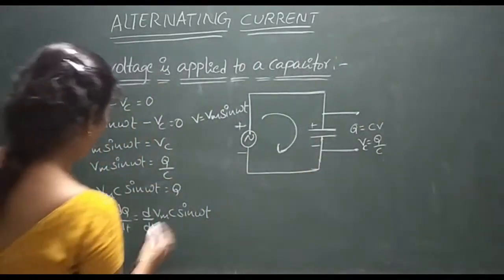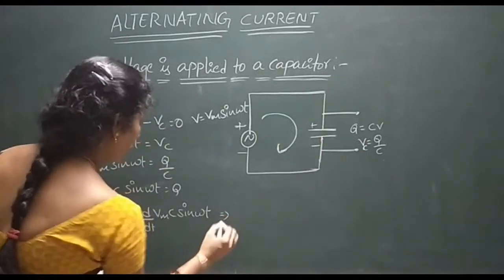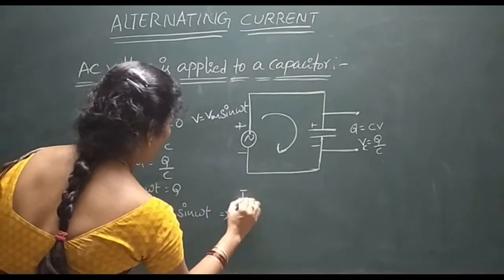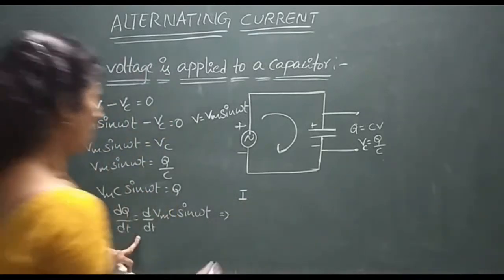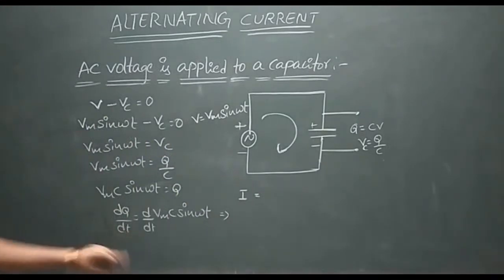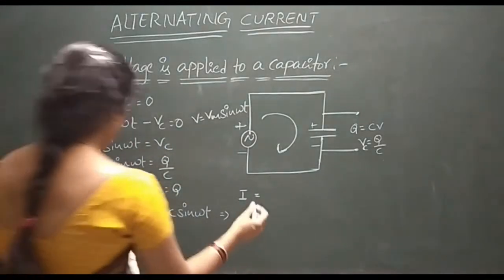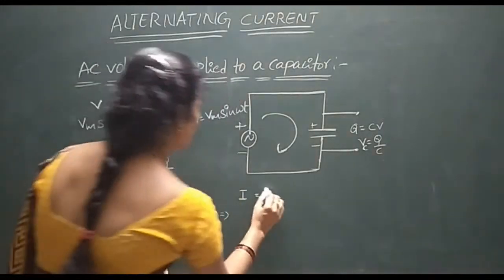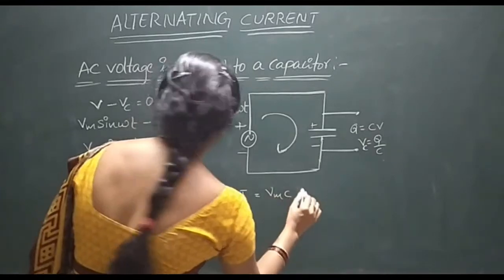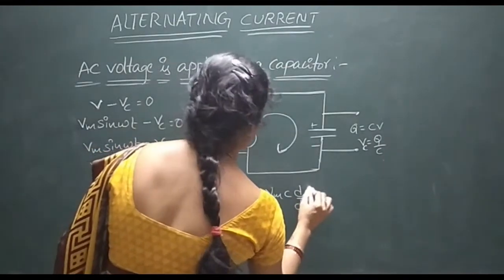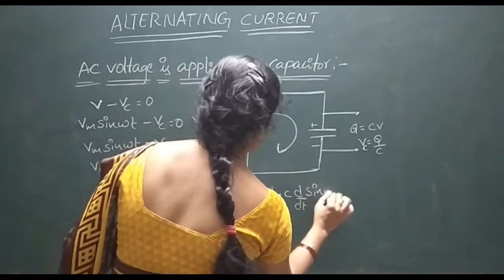From this equation, dq by dt is nothing but I, the instantaneous current. So I is equal to d by dt, where Vm C is constant and sin omega t varies with respect to time.